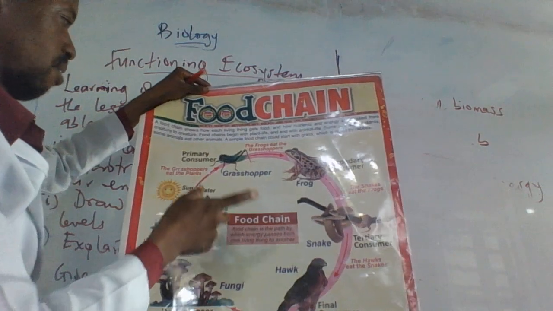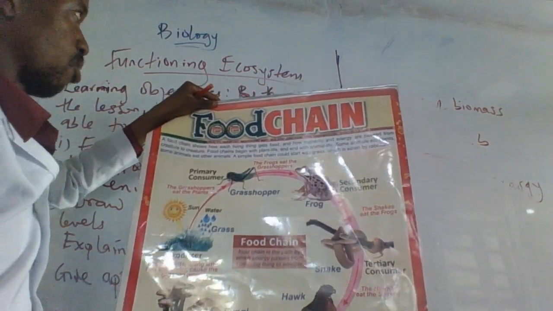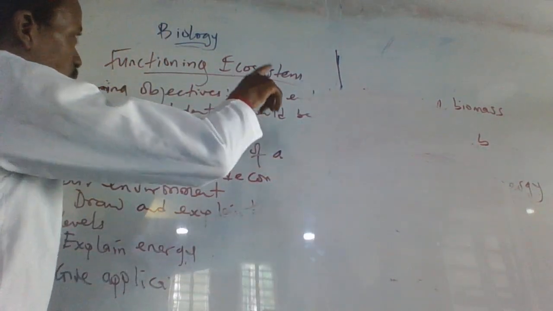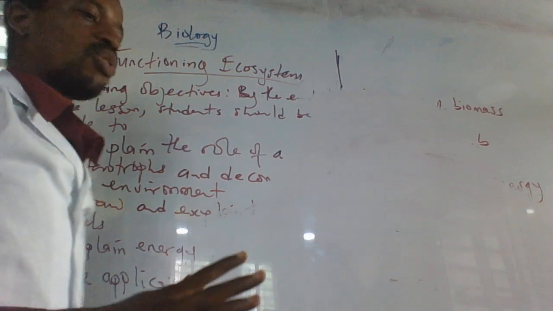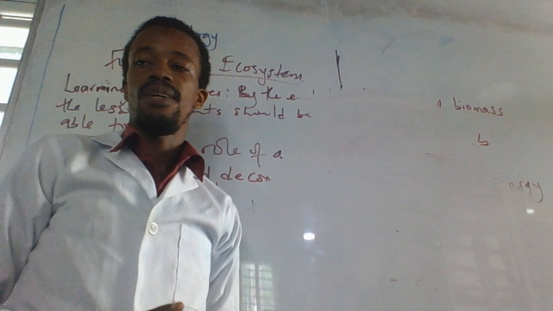And you can see examples here that we have to discuss more about the topic we are doing. So in a functioning ecosystem, there must be a good interaction between the living organisms and the environment.